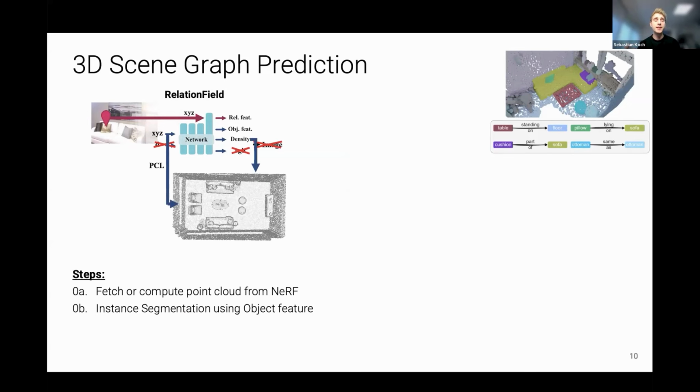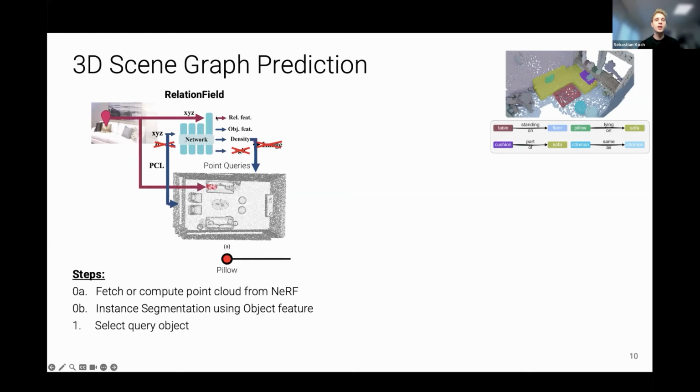Then in an initial step, we utilize the density of our NeRF output for a scene to get a 3D reconstruction of the scene, where we have a point cloud where each point represents one XYZ location that has positive density, so where there's actually an object. Then we can use this object-level semantics to do an initial 3D instance segmentation to get all the instances, which will form the nodes in our scene graph.